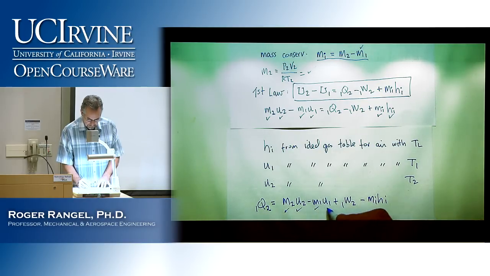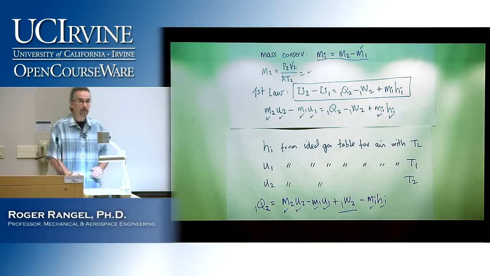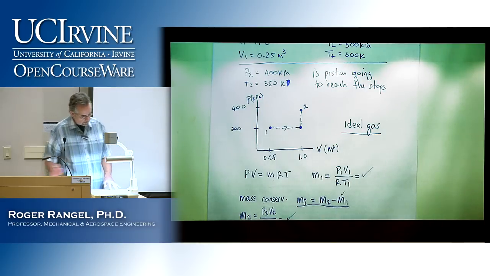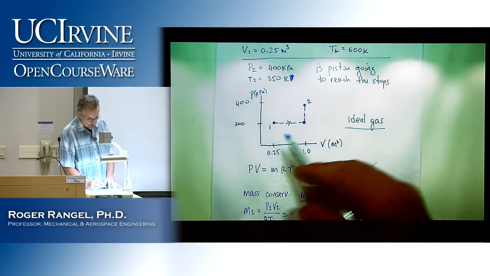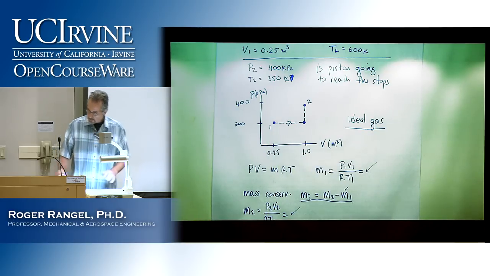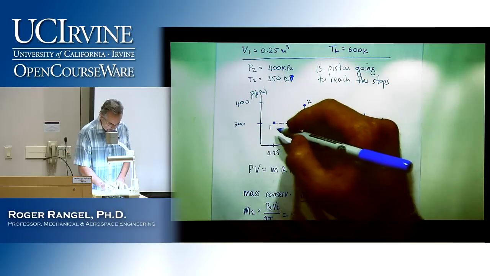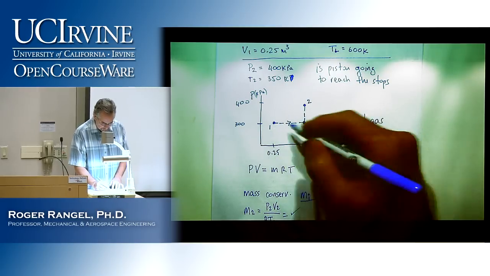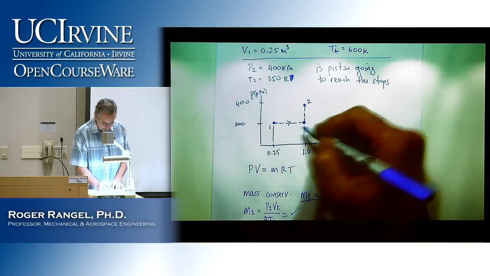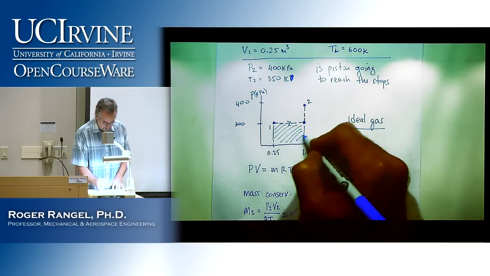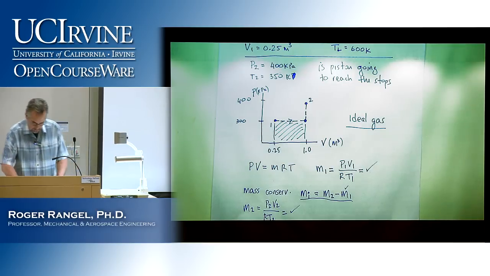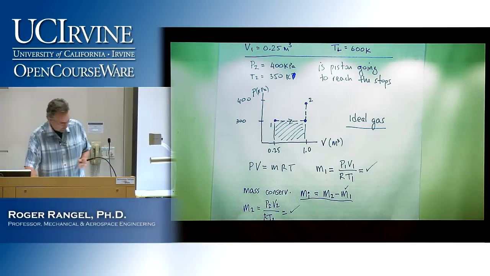We have all of these quantities except the work. However, the work is easy to find because if you go back to this plot, the work occurs while the piston is moving up, and the piston is moving up at constant pressure. So since the piston is moving up at constant pressure, the work can be easily determined from this graph because the integral of pressure over volume is just going to be this area. So that area is nothing but the work that I am trying to calculate.